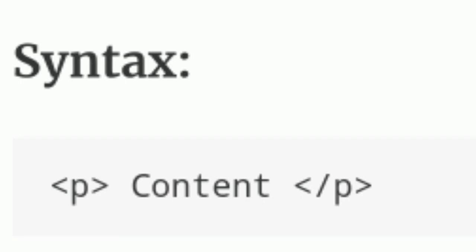If a user adds multiple lines, the browser reduces them to a single line. By using the P tag, we can write another paragraph program.